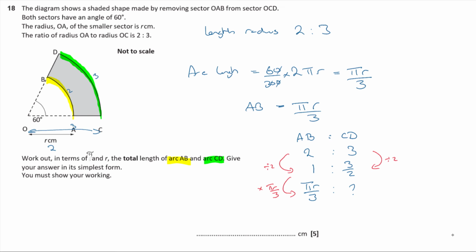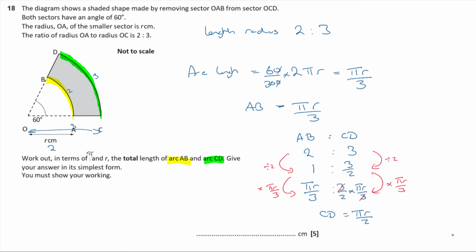And then taking 3 over 2 and multiplying it by pi r over 3, that's going to give me 3 over 2 times pi r over 3, isn't it? Now I can see already that the 3 and that 3 cancel, and that's just going to give me pi r over 2 then, isn't it? So CD is going to be pi r over 2, just using simple ratios. Okay, so once I know that CD is pi r over 2, I'm going to work out what arc length AB plus arc length CD is.